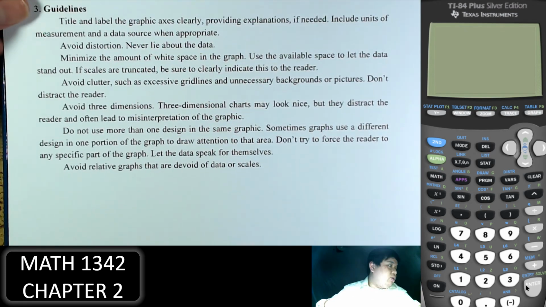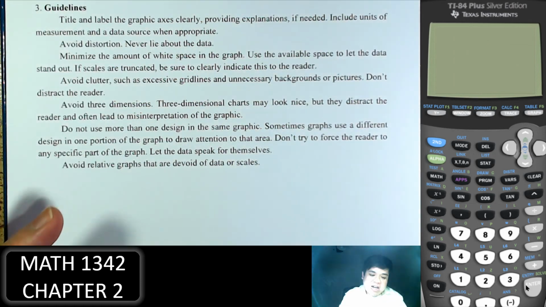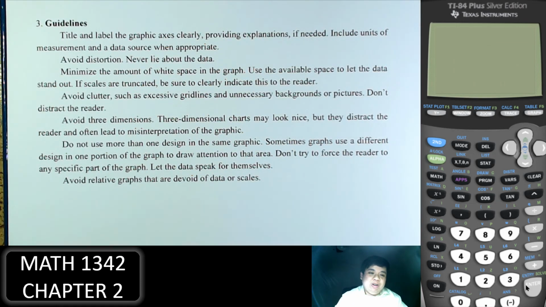So here are the few things we need. Title and label, that's what we've been doing, right? Avoid distortion, never lie about data. Distortion is what we had earlier. Minimize the white space of the graph. You don't want to have the whole page and the graph is just a tiny bit of it. So try to fill out as much space as we have.